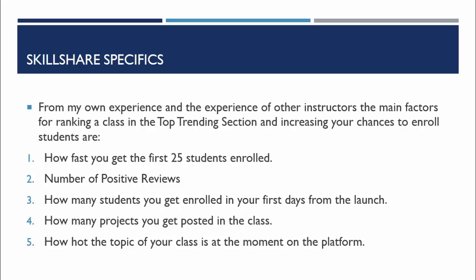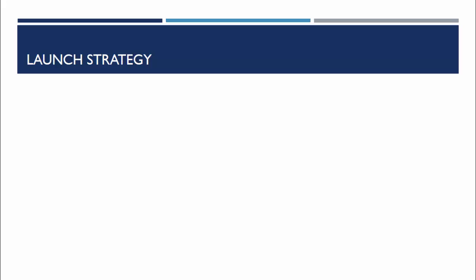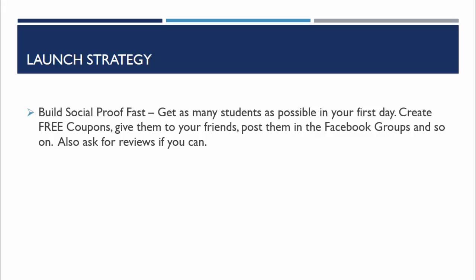So these are the main 5 factors that will get your class in the top trending section, get a lot of students enrolling, and make you money. Now, which is the launch strategy you should have in mind when you want to launch your class and make money out of it on Skillshare? First of all, build social proof very fast.